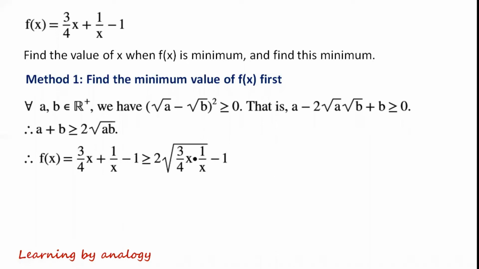So f of x equals 3/4 x plus 1/x minus 1 is greater than or equal to 2 root of 3/4x times 1/x minus 1, which is equal to 2 root of 3/4 minus 1, which is equal to root 3 minus 1.